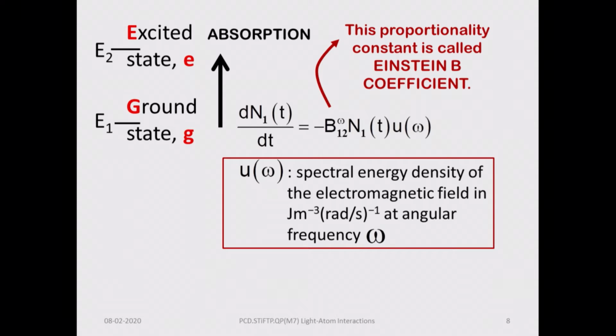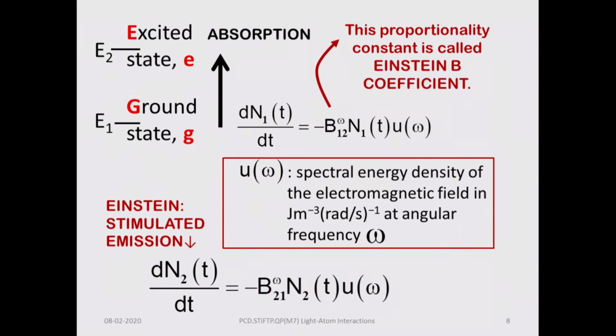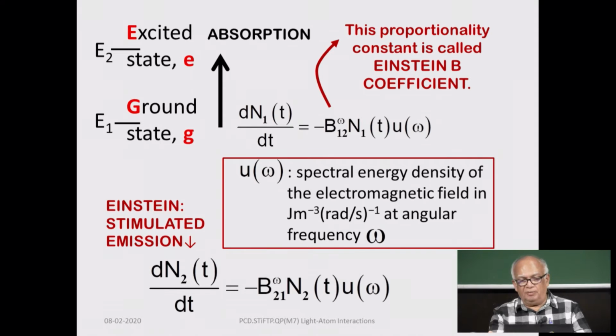Okay? And this is something which is not very intuitive, but it needs the mind of Albert Einstein. And Einstein introduced that if the field can induce transitions from the state E1 to E2, it would also induce transitions from E2 to E1, which will be stimulated emission, right.